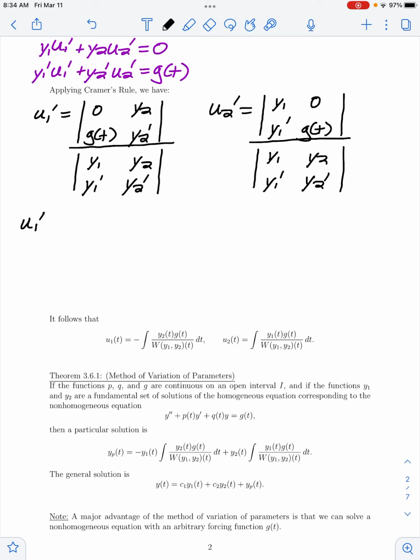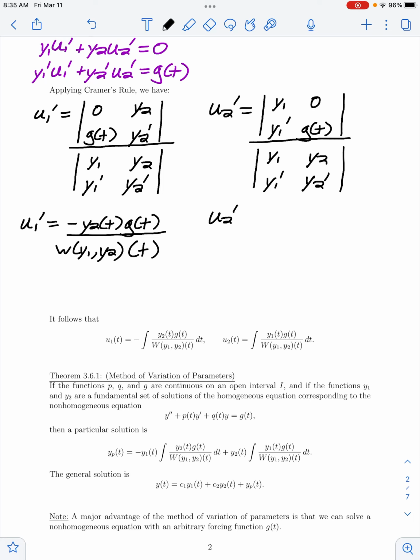So this gives us u1 prime is equal to, taking the determinant in my numerator, 0 minus the product of y2 and g of t. And then we are dividing by the determinant of a 2 by 2 matrix where the first row is y1, y2, and our second row is the derivatives, y1 prime and y2 prime, which we recognize as being the definition of the Wronskian of y1 and y2.